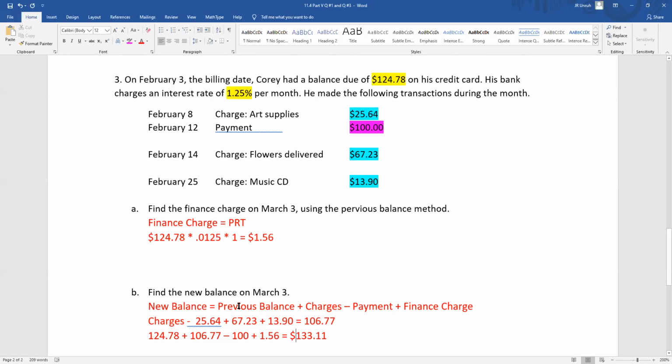To get the new balance, we take the previous balance, add the charges, which for problem 3 we actually need to determine, add those three up, subtract the payment, and add the finance charge, and that is your new balance. This is the previous balance method, another way that a credit card company will calculate the balance due on your credit card, different than the average balance.